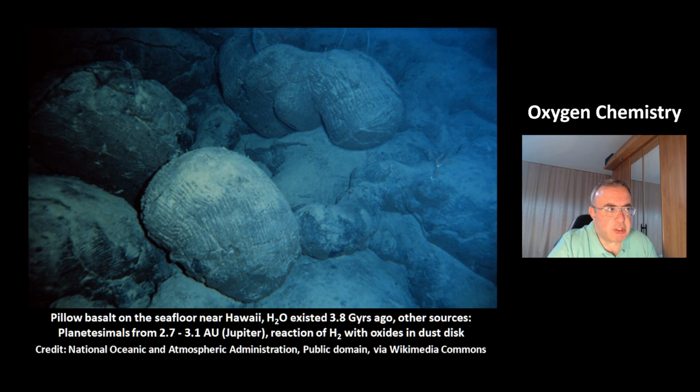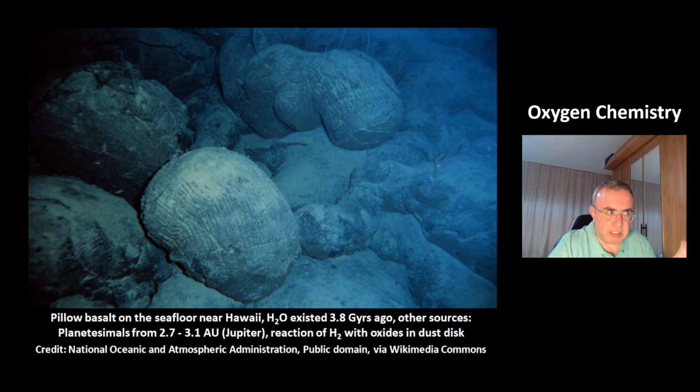This is an interesting picture of a pillow basalt on the seafloor near Hawaii. This proves that water existed already 3.8 billion years ago, but there are other sources for water. One possibility is deflected planetesimals from 2.7 to 3.1 AU distance. 1 AU is Earth-Sun distance.